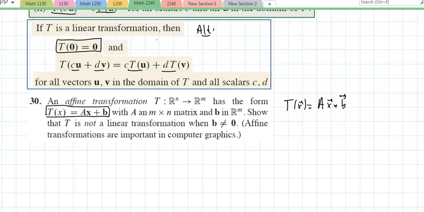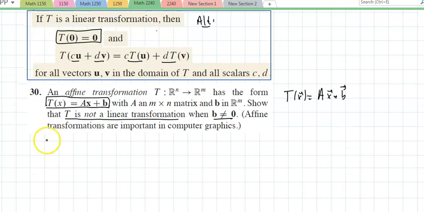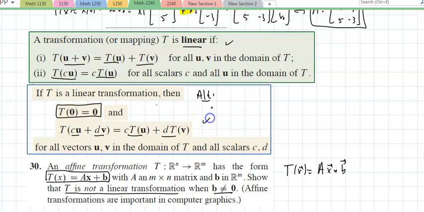They're saying show that T is not a linear transformation. I just want to really warn you, when b doesn't equal 0, I will never say show. I'll ask, is it a linear transformation? Well, the reason they're giving you this is that it's a lot easier than the original definition. So this is what we're going to stick with.